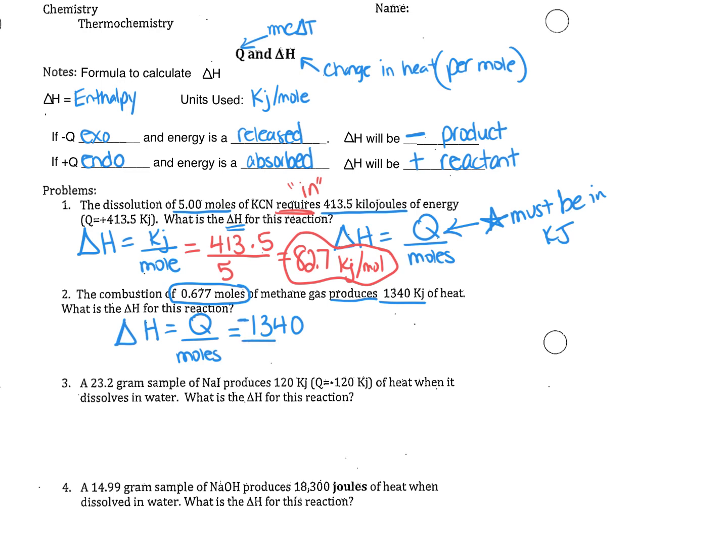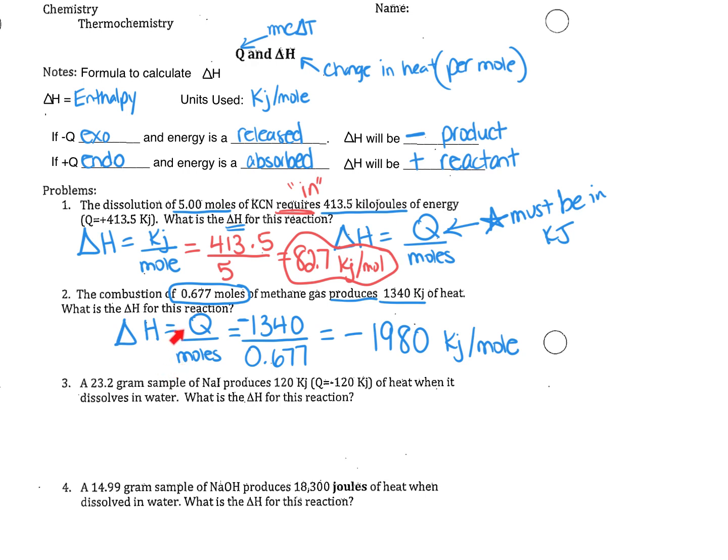Energy is exiting. And then this is 0.677 moles. So we're going to take 1340 and divide it by 0.677. So our delta H is going to be a negative 1,980 kilojoules per mole.